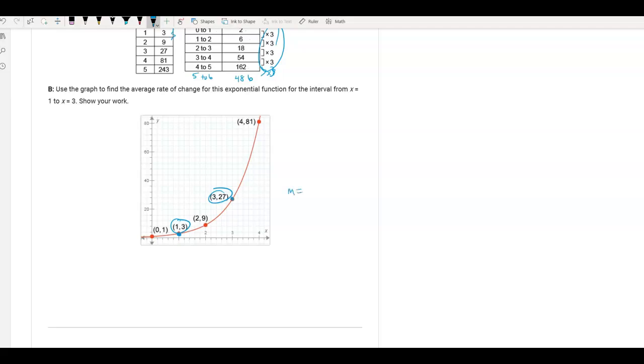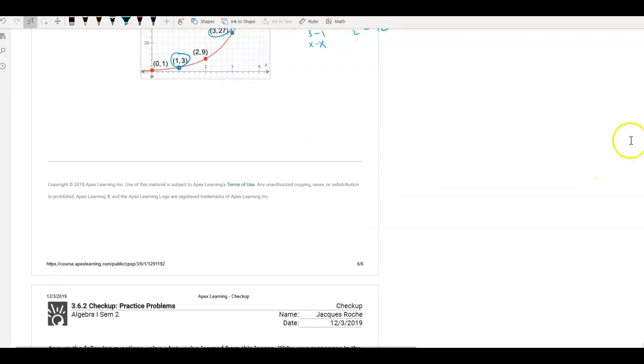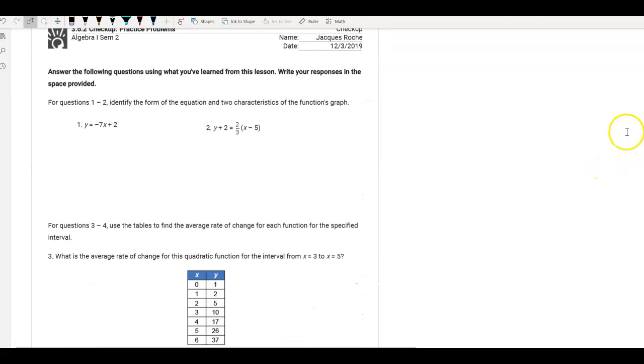So the slope or rate of change is 27 minus 3. Again, subtract the y's over 3 minus 1, and that's subtracting the x's. And remember, do it in the same order. That would give me 24 over 2, or an average rate of change of 12. Okay, so let's look at the checkup.